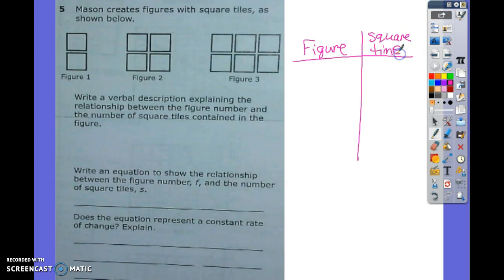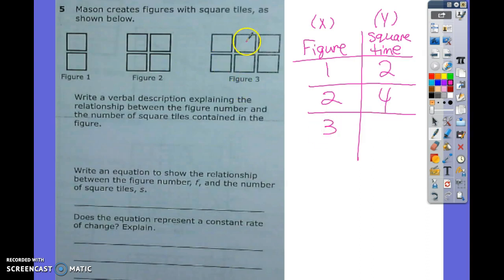So if I want to connect this to x and y, my figures would be x, and my square tiles would be y. And in figure 1, we can see that we have 2 square tiles. In figure 2, we can see that we have 4 square tiles. In figure 3, we have 6 square tiles.